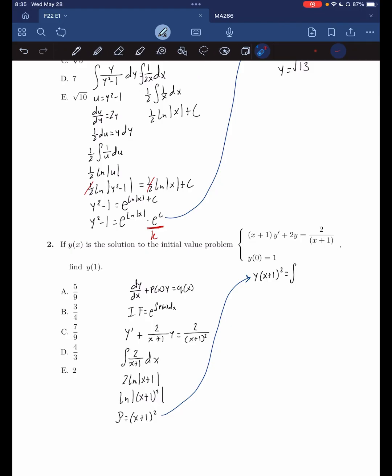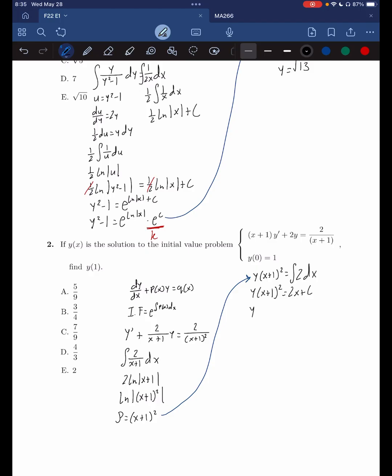And as you see, when we multiply our integrating factor and q of x together, our x plus 1 squareds cancel, and we're just left with a nice 2 dx. So y times x plus 1 squared is equal to 2x plus c. That's why I didn't add a c at the integrating factor, because that would just be absorbed into this other constant on the right side.